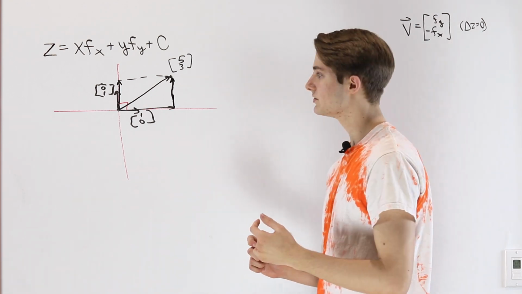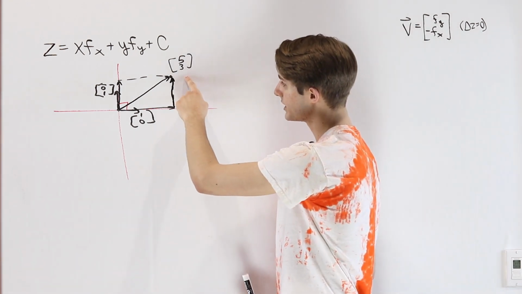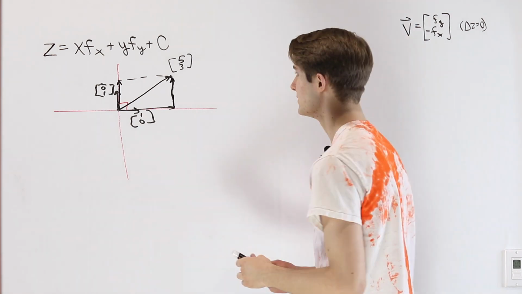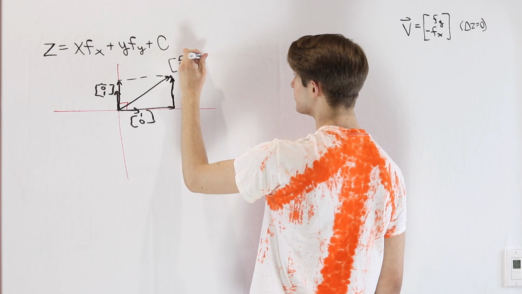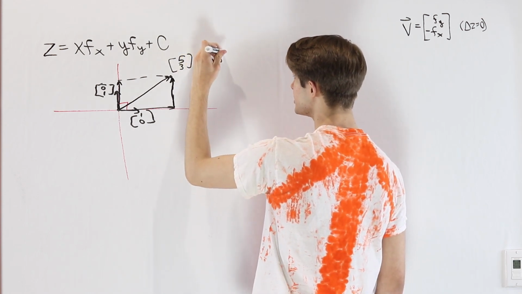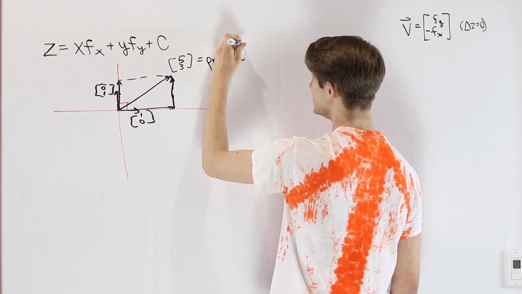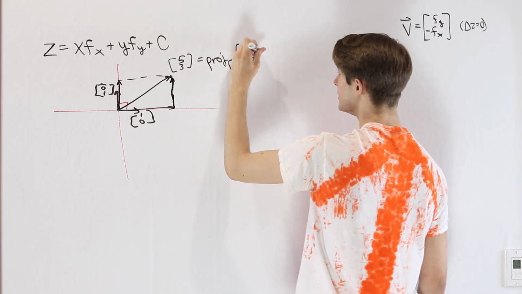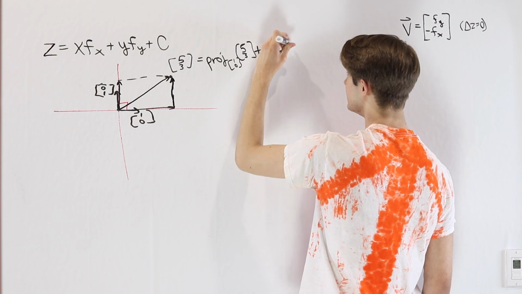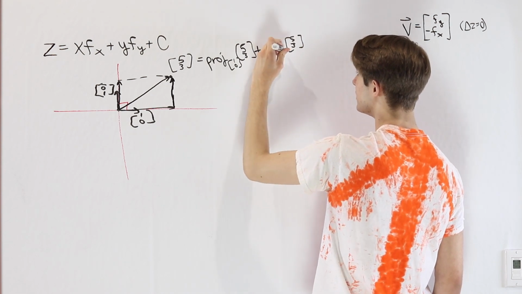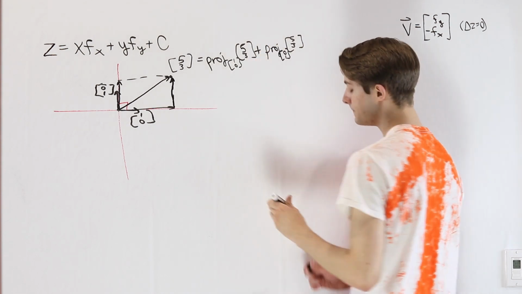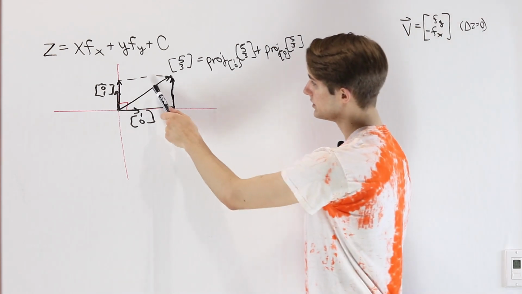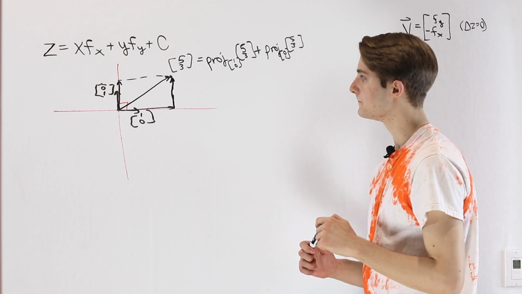And one term that's used to talk about the component of a vector that's parallel to another vector is the vector projection. So we would say that 5, 3 is the projection of 5, 3 onto 1, 0 plus the projection of 5, 3 onto 0, 1. When we add up these two vectors, we get our original vector back.